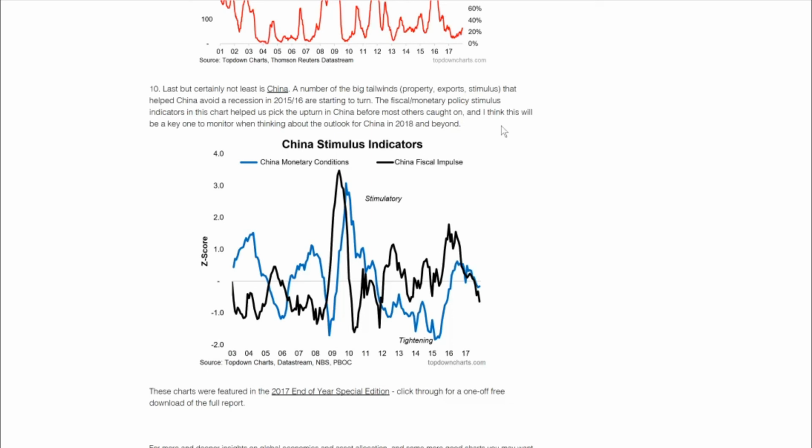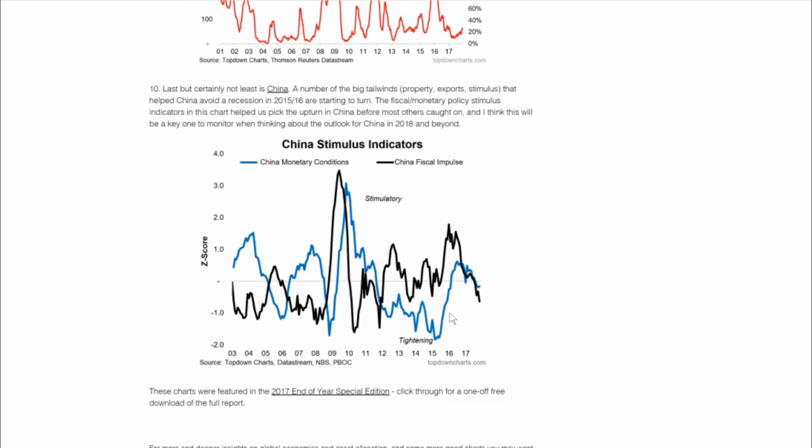And you can see there that in 2015-16 we actually had a bit of a growth scare in China, and my view is that they came quite close to recession at that point, because they had a number of cyclical and structural factors combining to really put pressure on the economy there.